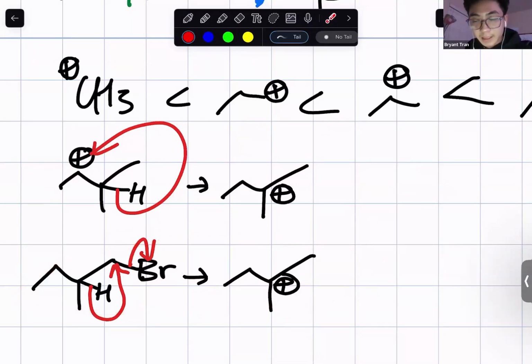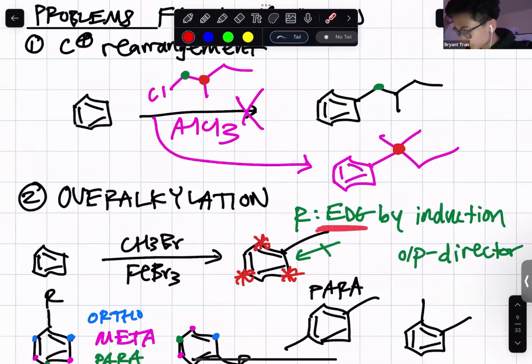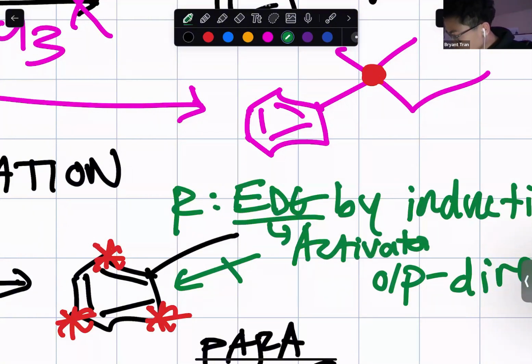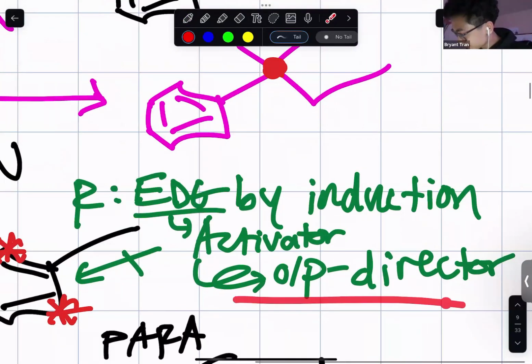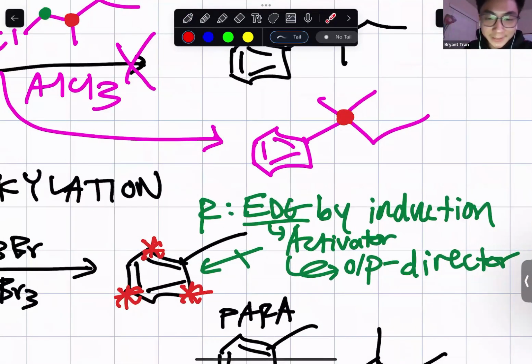Yep. EDG stands for electron donating group, which is also known as an activator, right? And all activators, all EDGs will be ortho-para directors, right? But when we get into EWGs, deactivators, most EWGs, most deactivators are what? Like what directing group are they?